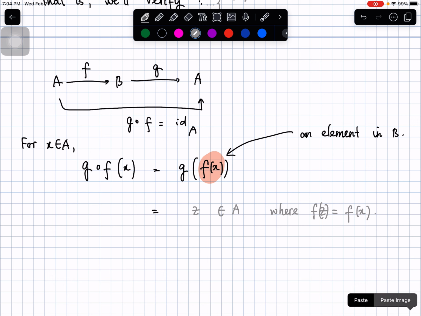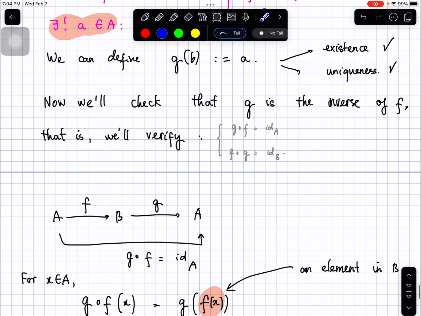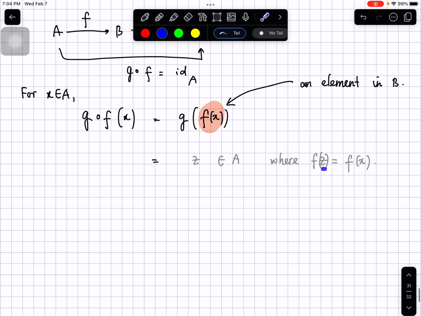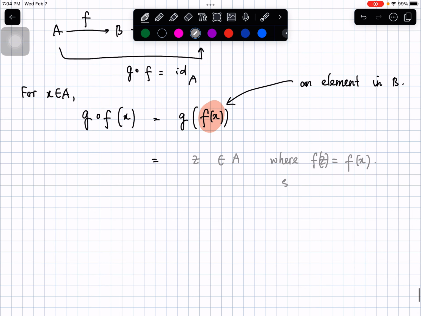But since f is injective, this gives us z equal to x. So g dot f of x is exactly x.